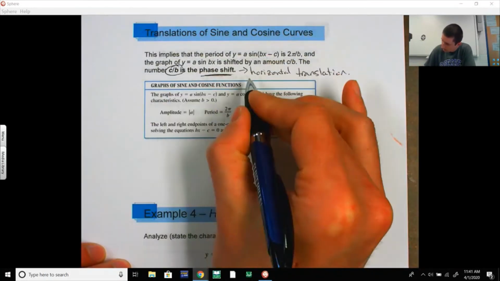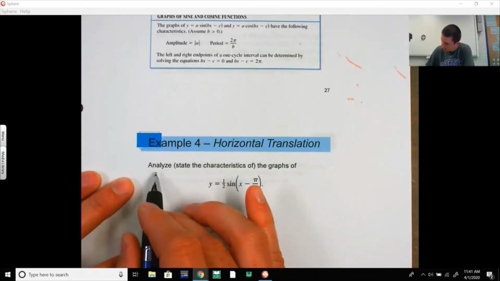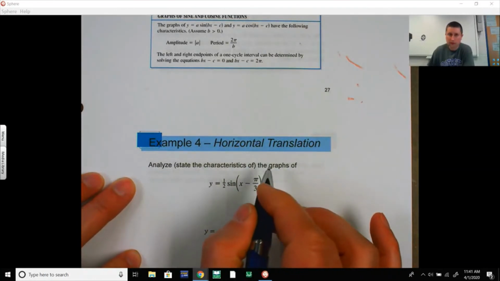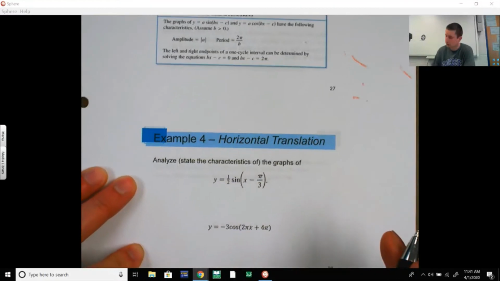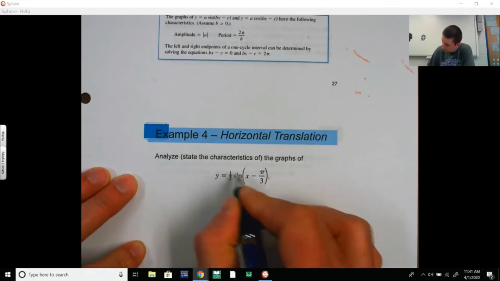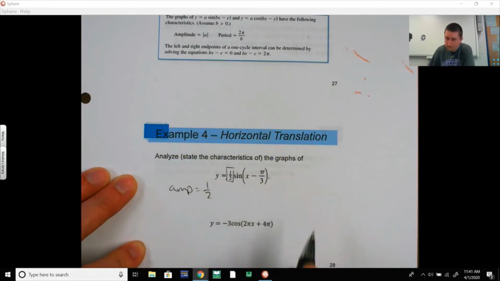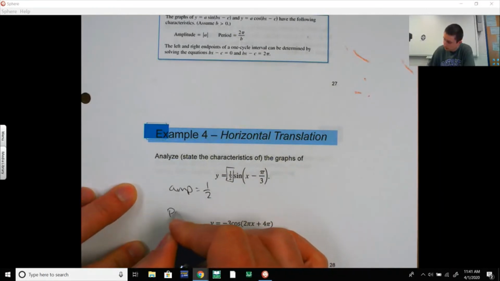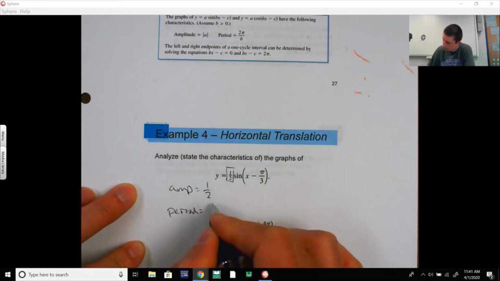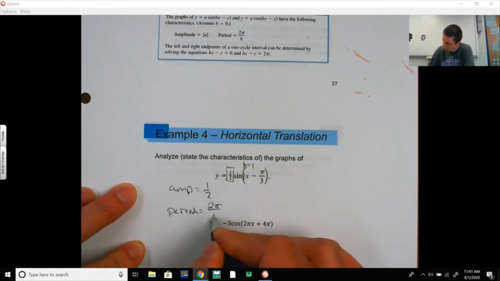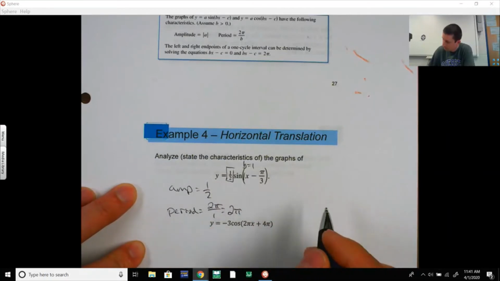Okay, so C over B is the phase shift. So what that looks like, analyze, that means state the characteristics of the graph of this. So the characteristics are your amplitude, period, and shifts that you're having. So here, your amplitude is 1/2. Your period is 2 pi over B. In this case, B equals 1, so 2 pi over 1, so your period is 2 pi.